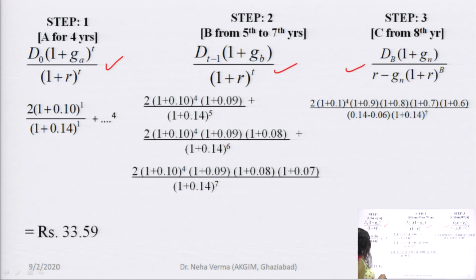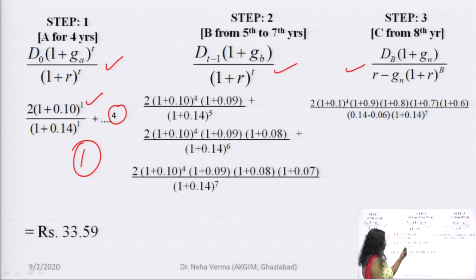So this is the value 2, times 1 plus 0.1 to the power 1, divided by 1 plus 0.14 to the power 1. This is for 1 year. Similarly, like we discussed in the previous model, we will calculate this value for all the 4 years for which phase 1 lasts. Up till 4, we calculate the value, then we obtain the value from stage 1.